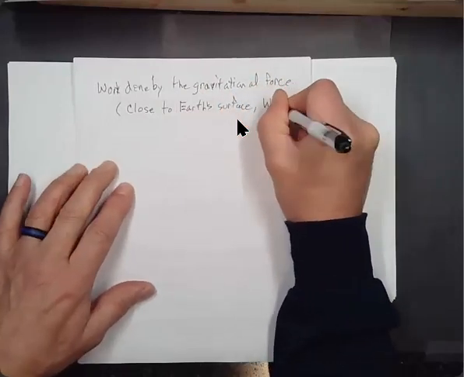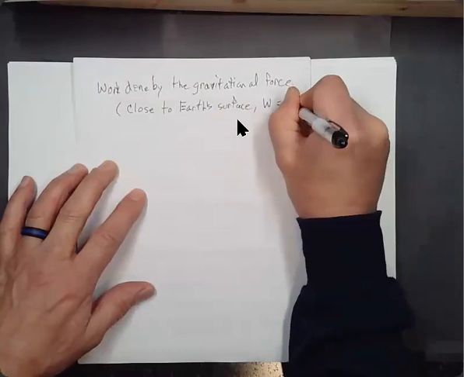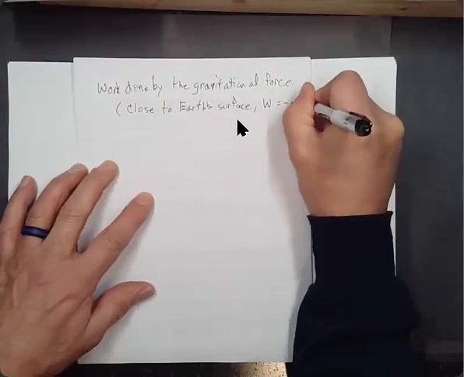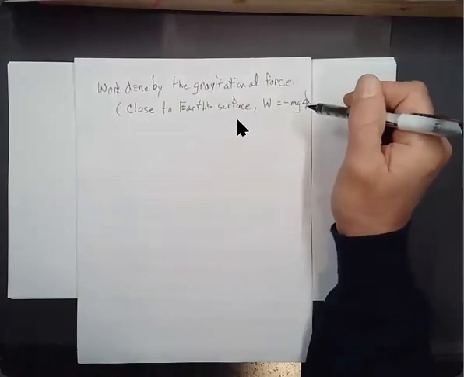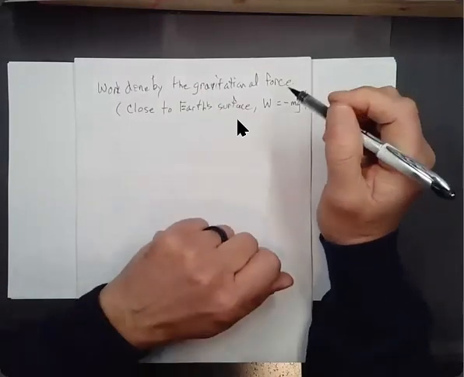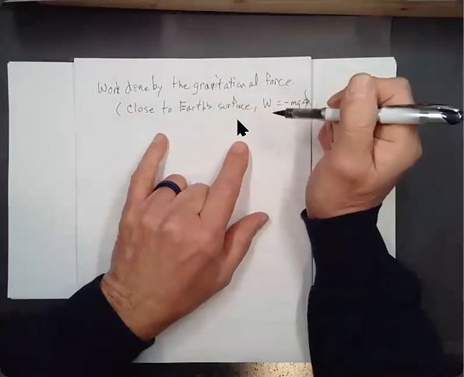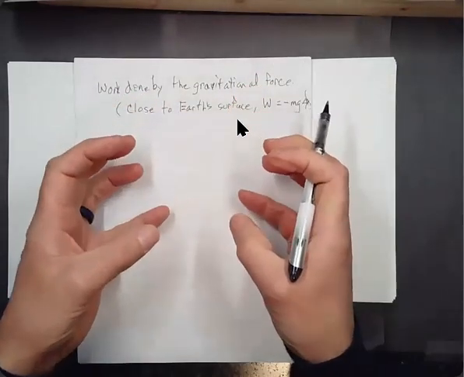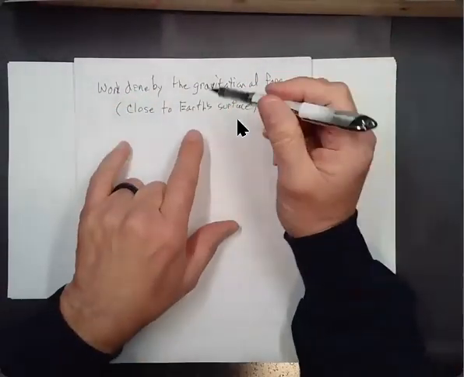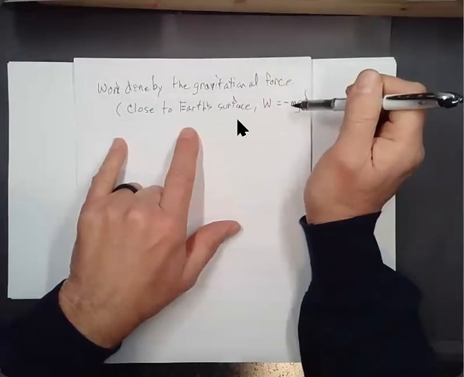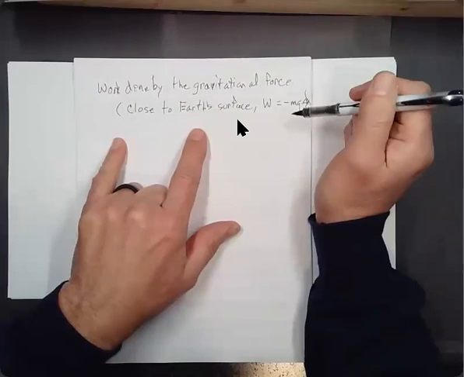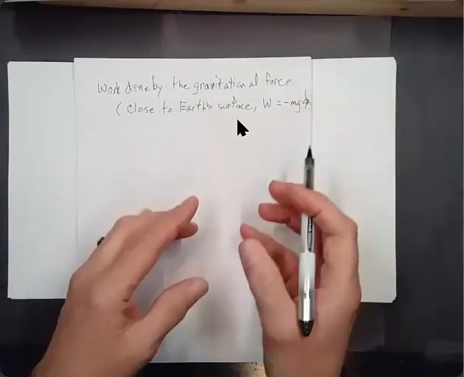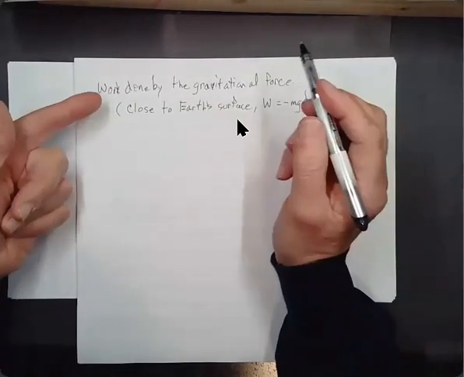And that work would be minus mg delta y, or that would be the work done by gravity. When we defined potential energy, we thought of it as the work we would have to do to lift something up in Earth's gravitational field. And so we didn't look at the work done by gravity. We looked at the work we would have to do against it.